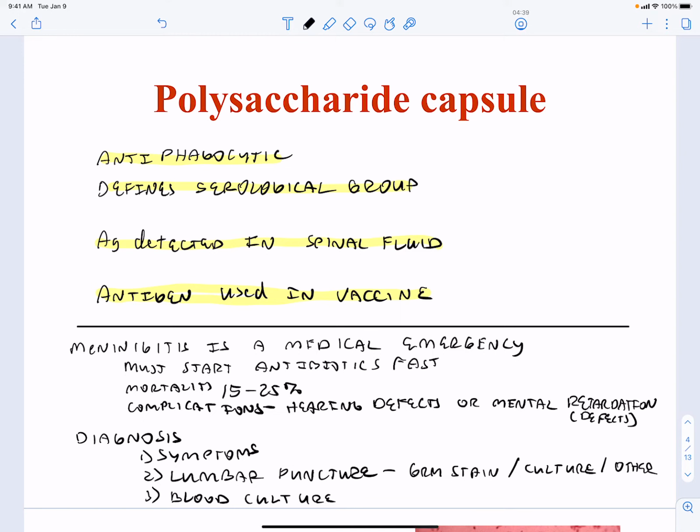Now, your diagnosis is going to be based on clinical symptoms, also a lumbar puncture in which you actually are going to harvest or grow the bacterium in culture. You can also take a blood culture to look for certain bacteria or agents that can cause meningitis.